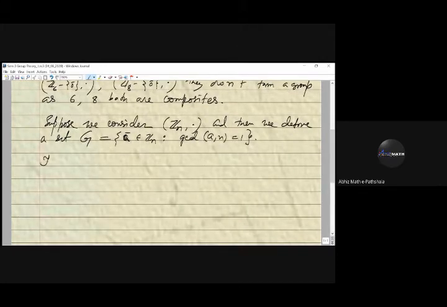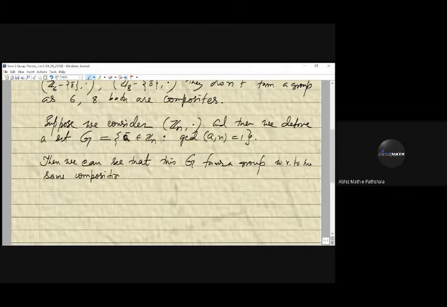Then we can see that this G forms a group with respect to the same composition dot, that is multiplication modulo n. Okay. Why does it form a group?